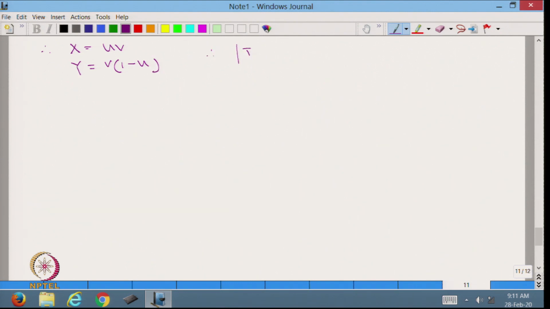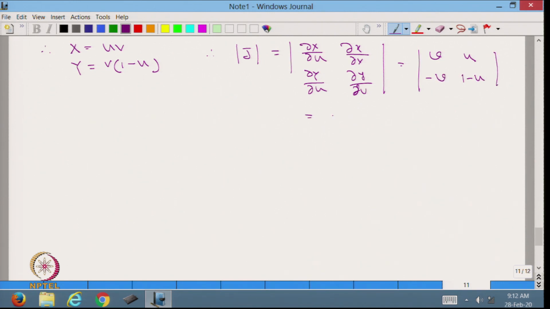Therefore, the Jacobian is equal to the determinant of del x del u, del x del v, del y del u, del y del v, which is equal to v u minus v into 1 minus u, which is equal to v minus u v plus u v, which is equal to v, which is greater than or equal to 0.